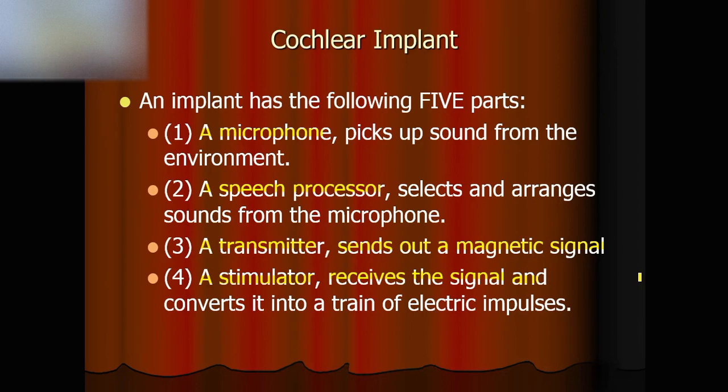That means the cochlear implant uses the stimulator inside our body to generate electric current. Why? Because in this way, the nerves can be activated by the electric current.